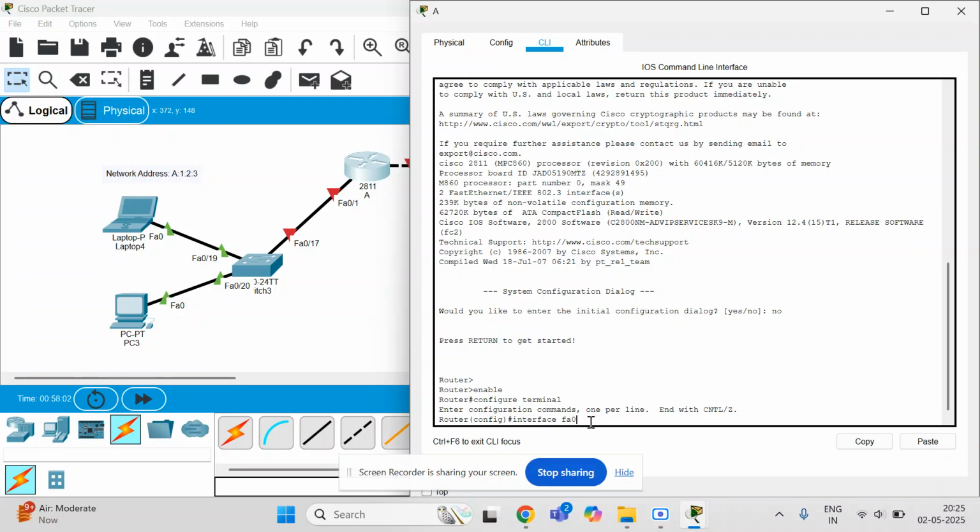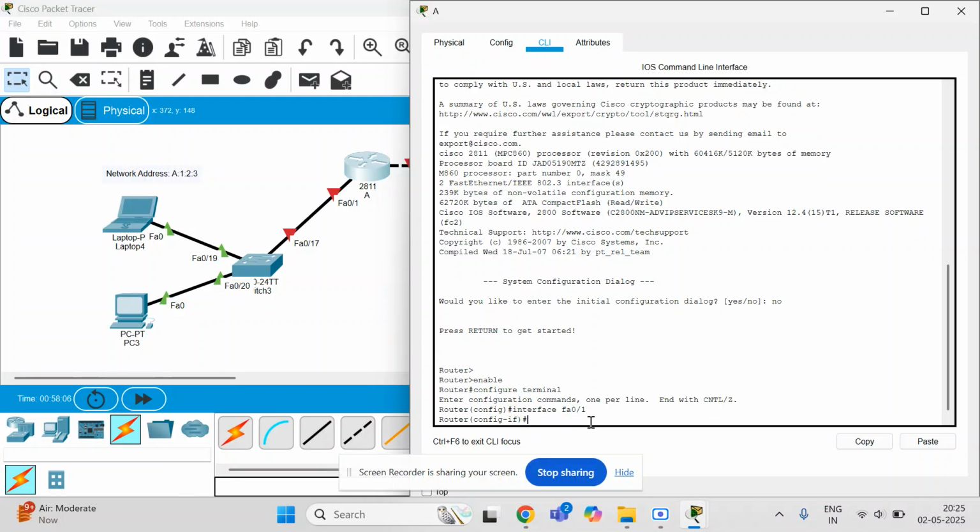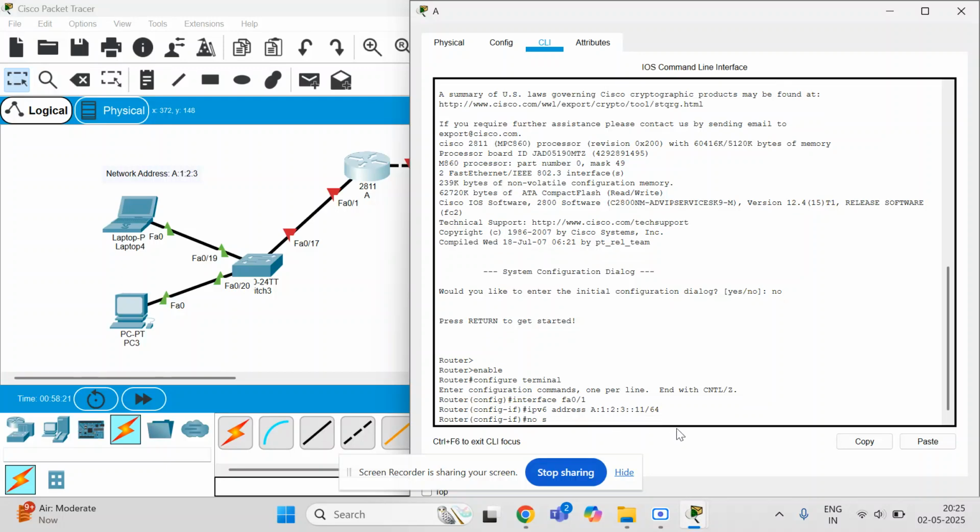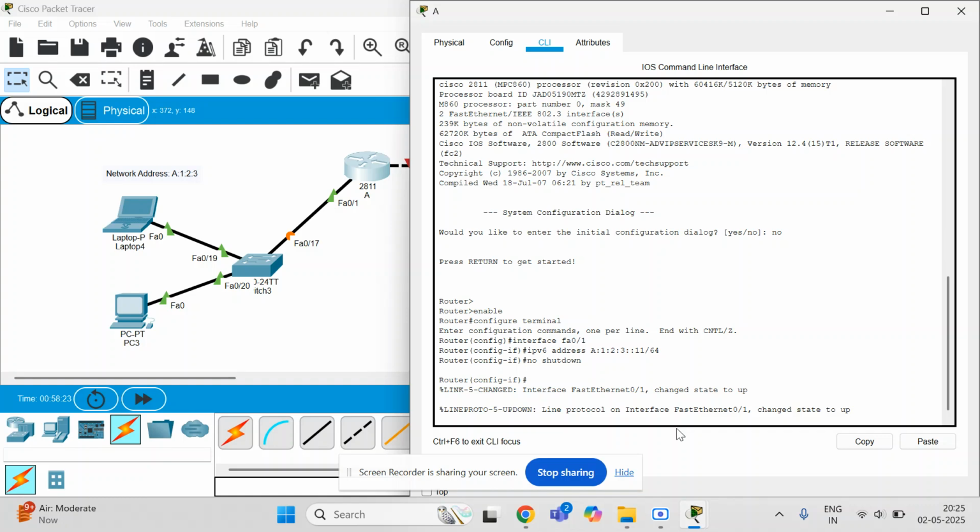Interface FA0/1, right? IPv6 address A colon 1 colon 2 colon 3 colon 11 slash 64, right? No shutdown. So this is up now.